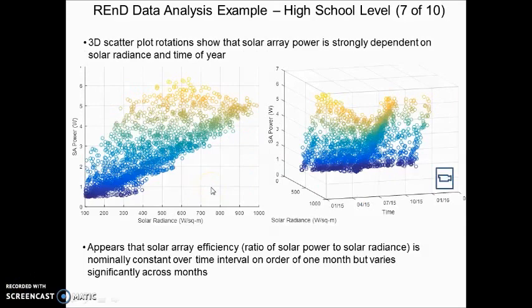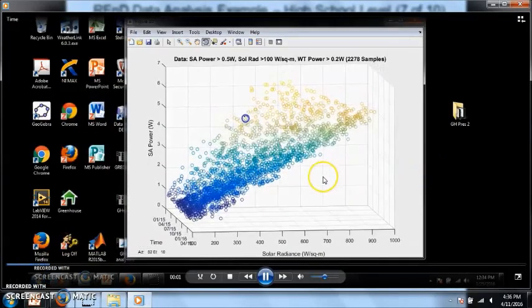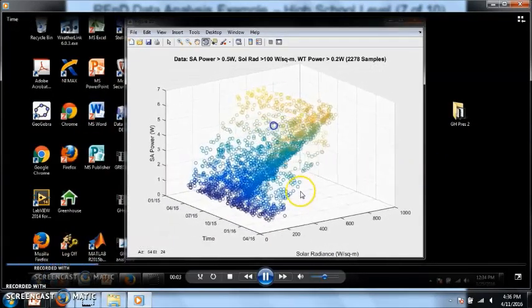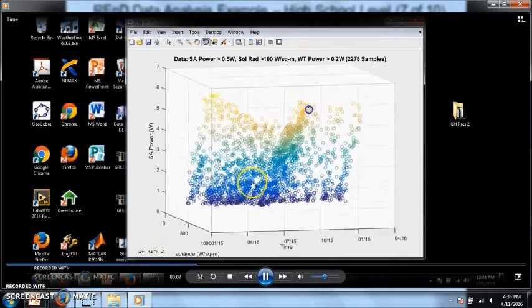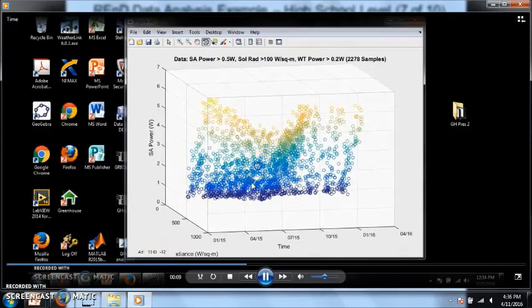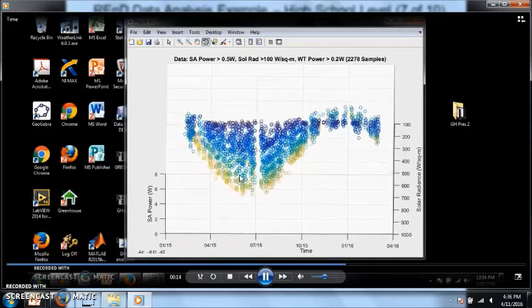So now we're going to look at a 3D plot where we have solar radiance and time involved. And this is the result. As we rotate the data, you'll see once we get it to the proper orientation, we begin to see some very definite structure in the data, much more so than we saw when we had solar radiance and temperature.